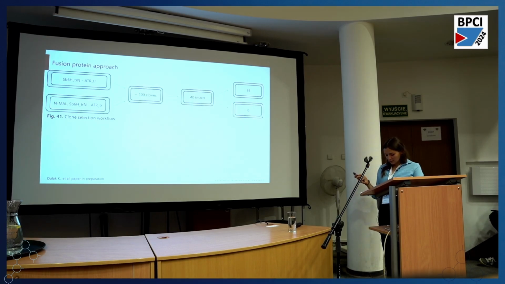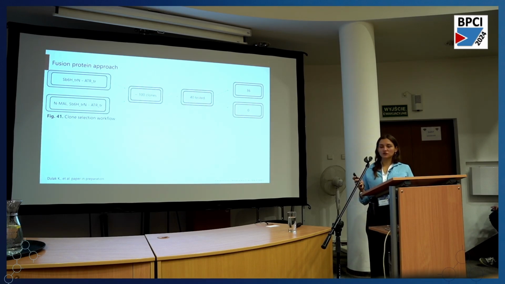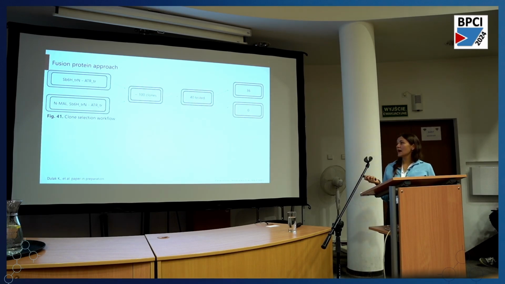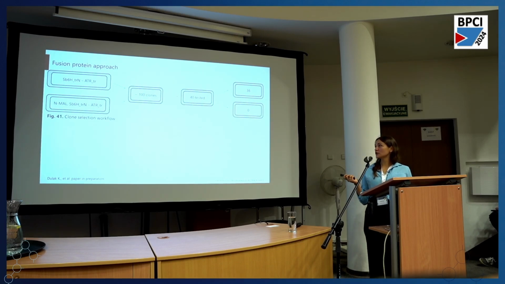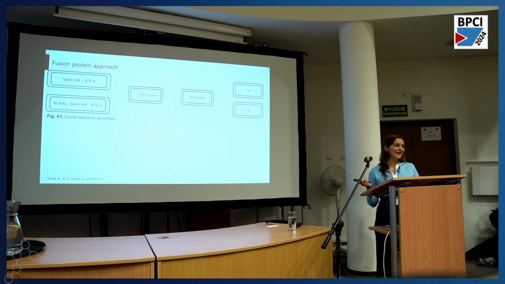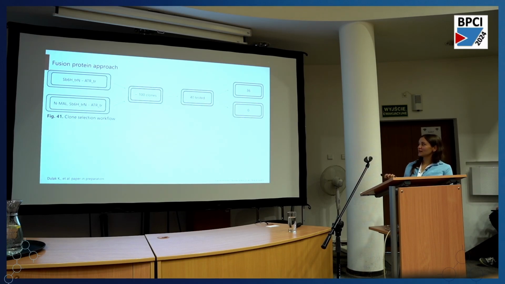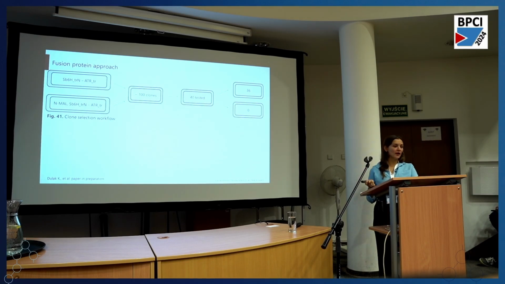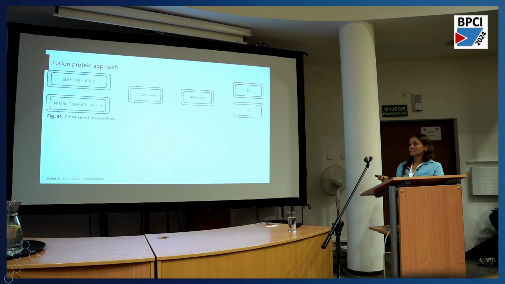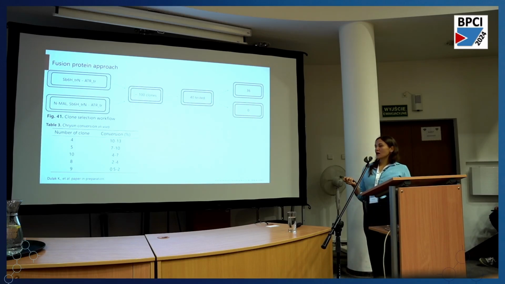And after the transformation, we were able to achieve around 100 clones for both of the variants, and from among them 40 were tested in an in vivo assay. For the first variant, 90% of the clones were active against chrysin, but for the second one, not even once. So now let's focus on these positive results, in which the chrysin conversion was around 0.5 to 13%.